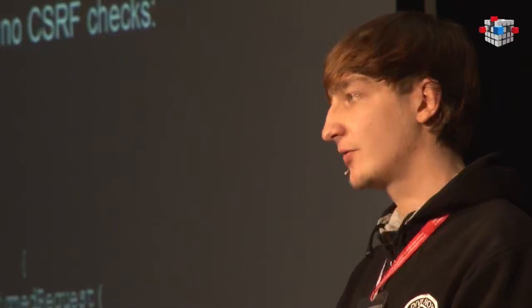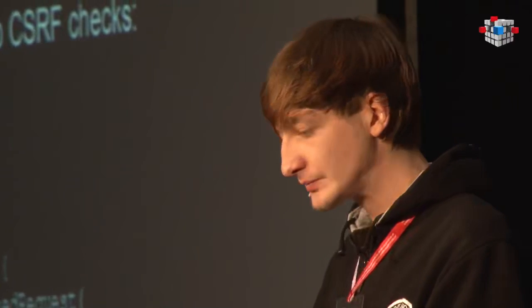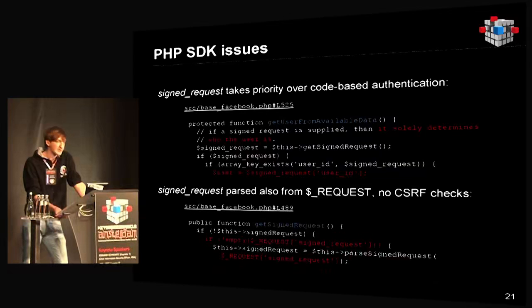And according to the PHP SDK logic, this kind of authentication has more priority over the code-based authentication. And also look at the bottom piece of code. The signed request is parsed from the actual URL parameters, and there are no CSRF checks. So session fixation is possible.